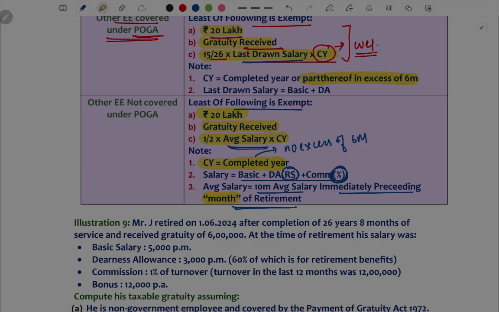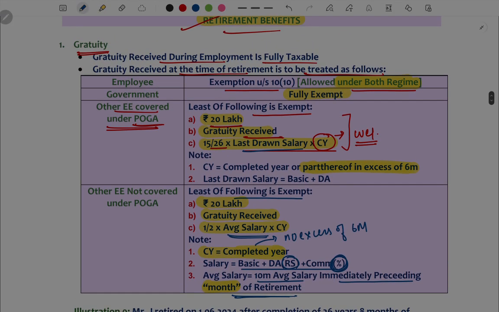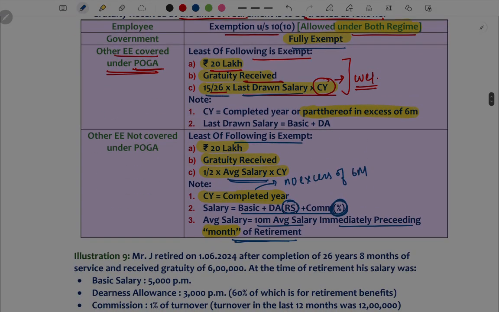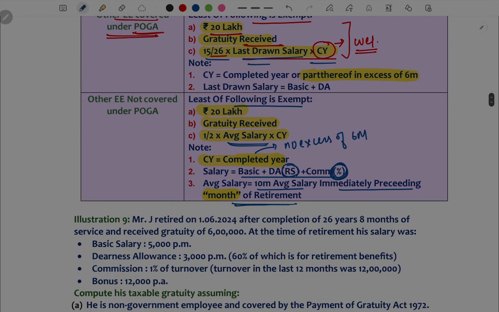It is fully exempt for the government employee. Alright, 15 by 26 of last drawn salary into completed years. Here the last drawn salary is basic plus DA.